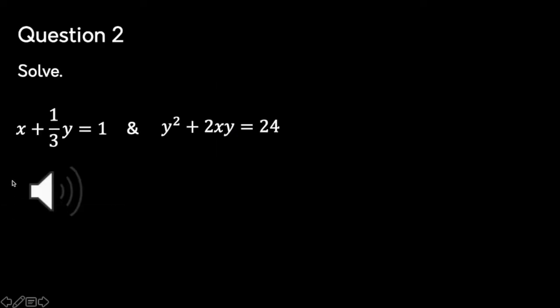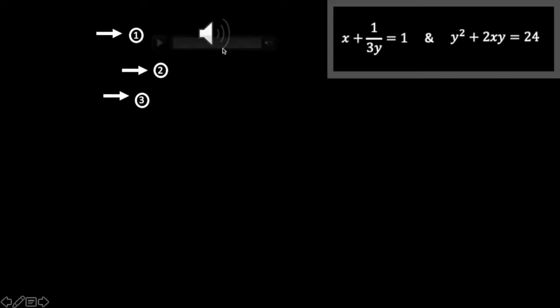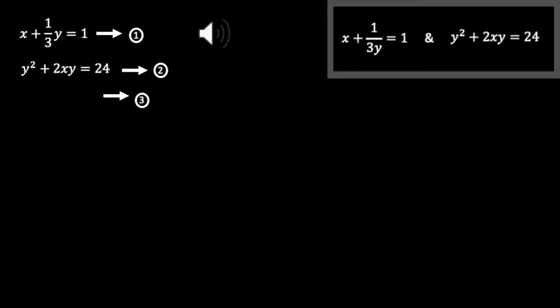For question 2, solve x plus 1 over 3y equals 1 and y squared plus 2xy equals 34. With the equations given, we label them as equation 1 and equation 2. We have to choose the easiest equation so that we can make the third equation.